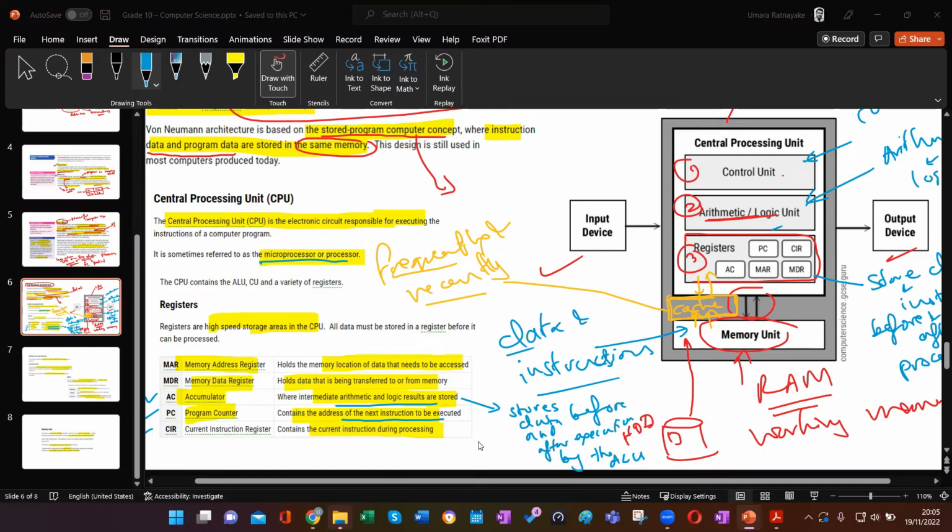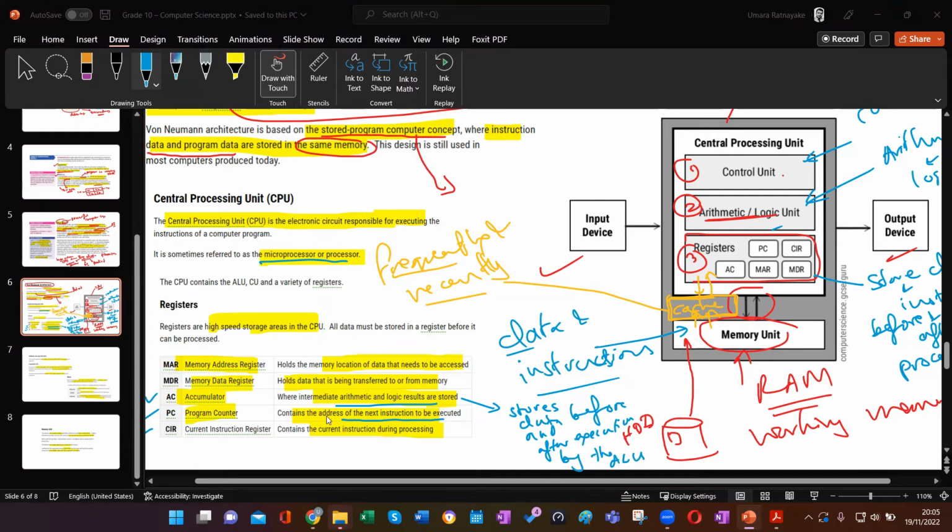You have to find out where these instructions are stored in the RAM using the address. Imagine RAM is like an Excel sheet, right? And in those cells, you have stored data and instructions, because I told you both data and instructions are residing in the same RAM. So in order to bring a data item or an instruction from that Excel sheet, you need to refer to them using the cell address, right?